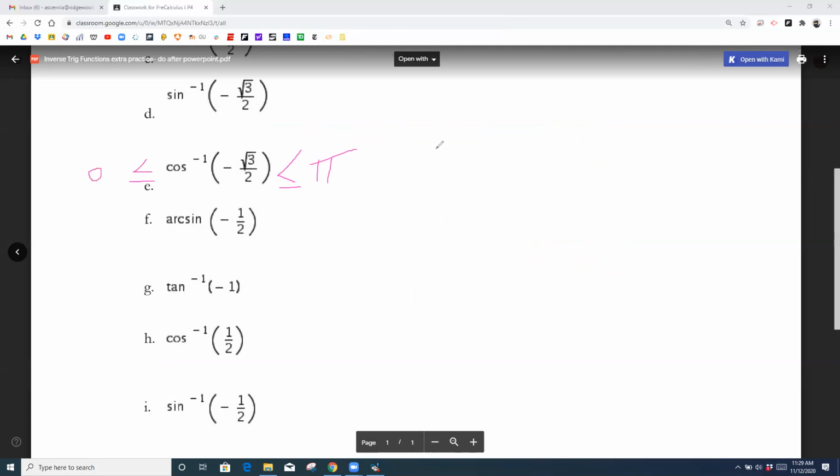If I was doing this, I would think to myself, all right, the cosine of what angle is equal to negative root 3 over 2? At first, I wouldn't even worry about the negative. I would just think, the cosine of what angle equals positive root 3 over 2?